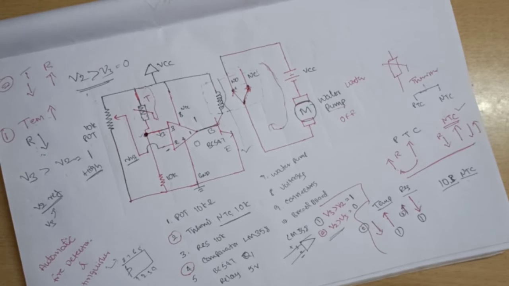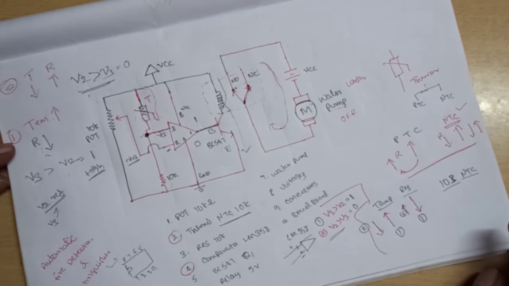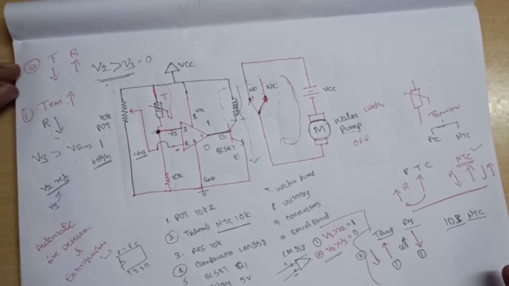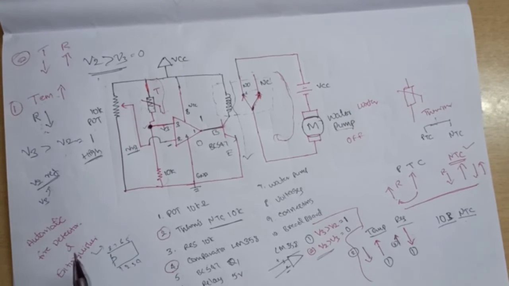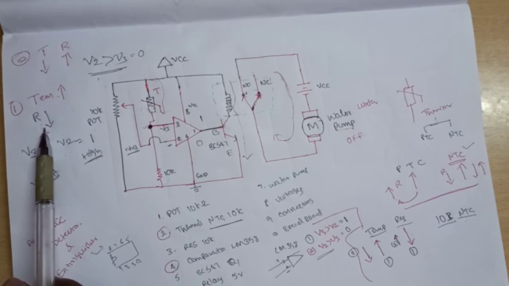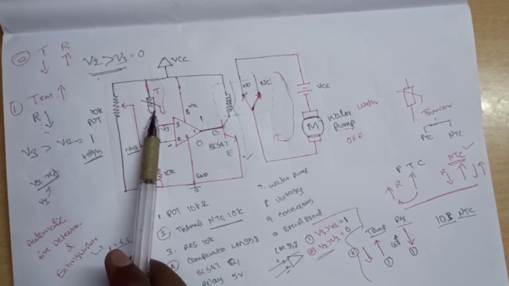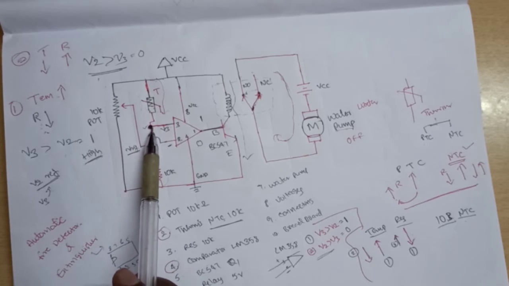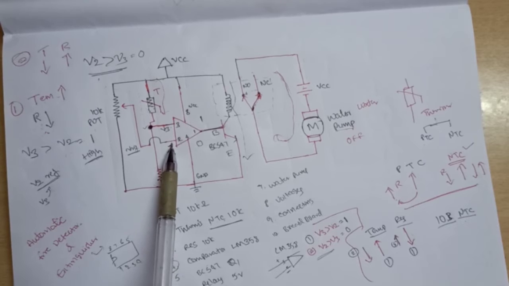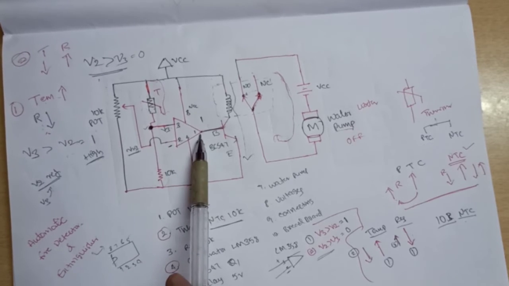So these are the two cases: one is the temperature high condition and the second case is the temperature low condition. If the temperature is high, resistance will decrease. Due to the resistance decrease, voltage will be developed here. This voltage is compared with the V reference voltage. Whenever V3 is greater than V2, the comparator produces the output.